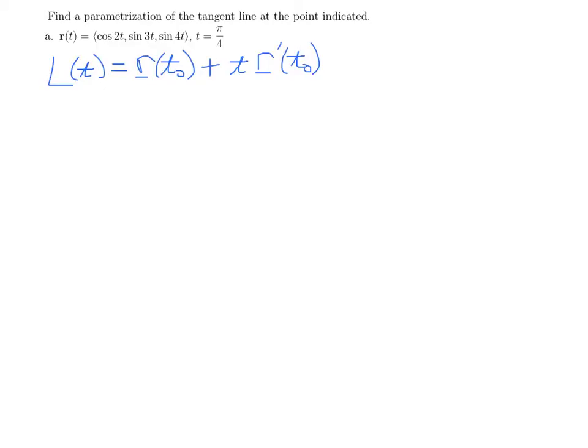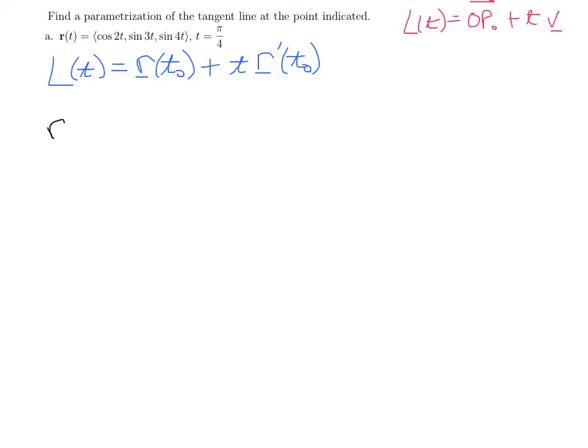Okay, I'm not sure if you recall that the equation of a line in general is given by this formula here, where this vector v is the direction vector. So the direction vector in this case is r prime. Okay, that's enough background. You can also get that out of your calculus text or your class notes, I'm sure.